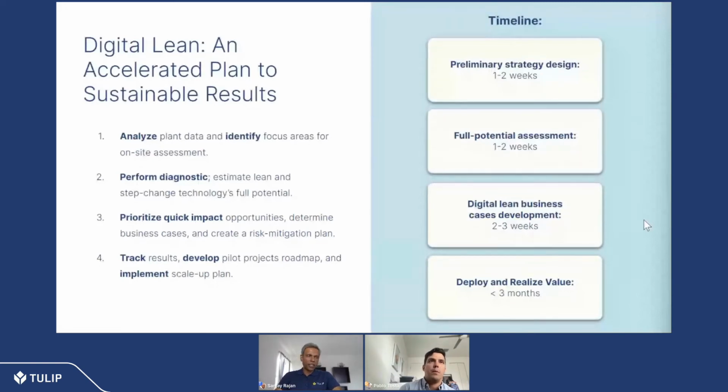You still have to think about a preliminary strategy and have the scalable thing in your mind. Once I get this cell done or this line done, in the next 3 months, I want to expand it through the factory. So you have to think big and think bold in terms of how you want to get things done. But starting points need to be small, simple, and deployable, where you can realize value within 3 months.